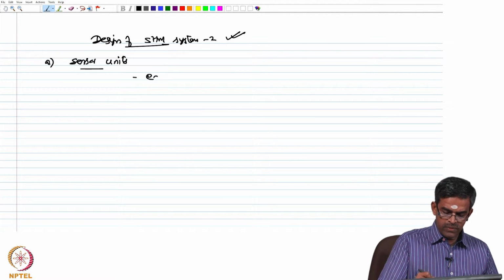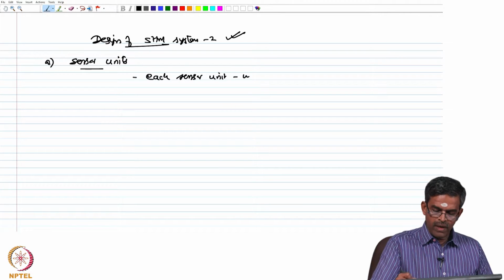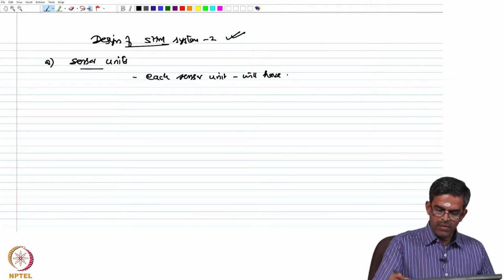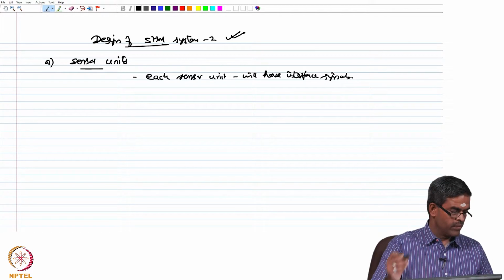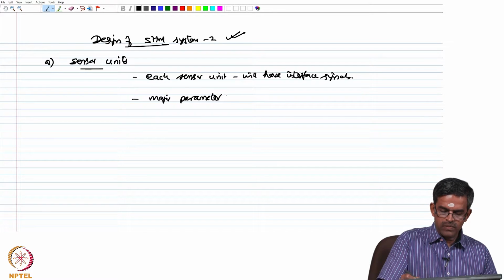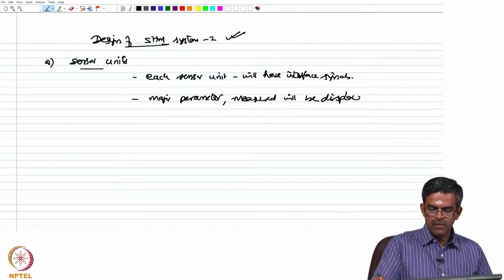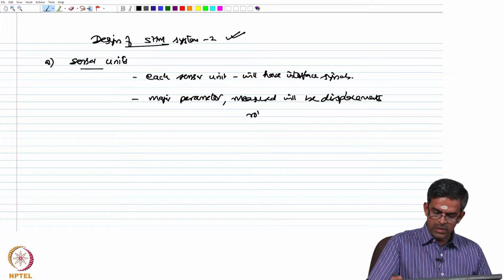Each sensor unit will have interface signals. The major parameter studied or measured will be displacements, both rotational and translational.